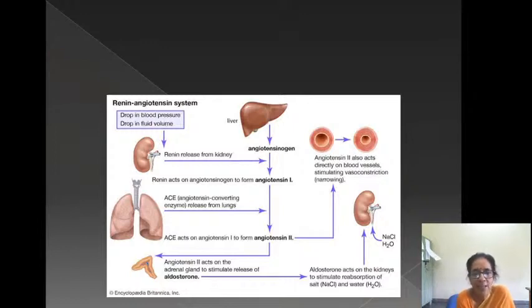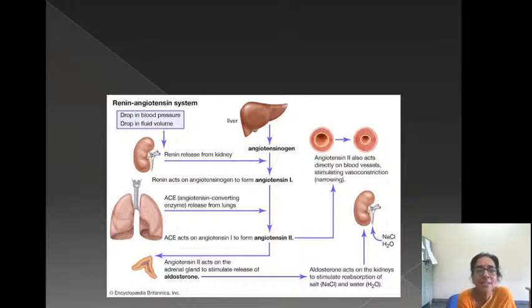So angiotensinogen is converted to angiotensin 1 by the action of renin. Then angiotensin 1 is converted to angiotensin 2 by ACE. What is ACE? Angiotensin converting enzyme. This is present in the endothelial cells of the blood vessels, particularly in the lungs and the kidneys.